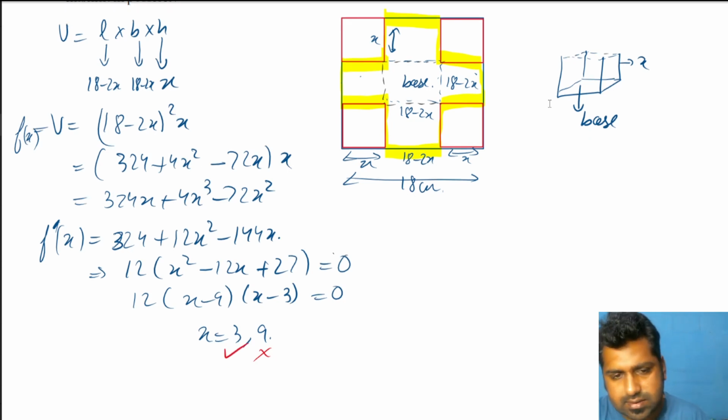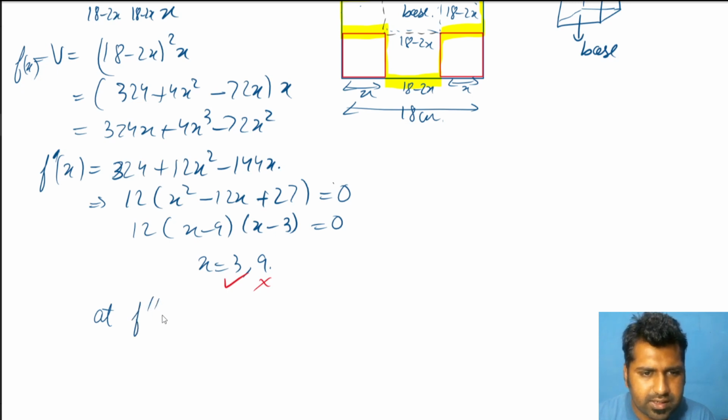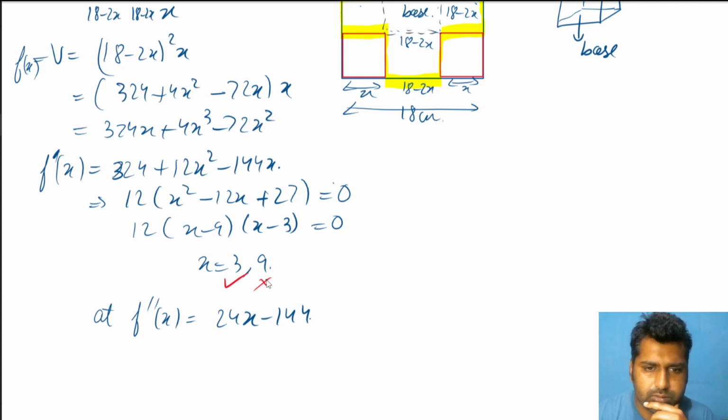But let's justify it. For that we need f double dash x. So differentiate it again. Differentiating, you get 24x minus 144. Though we rejected and accepted the values based on our common sense, at both of these values maxima or minima can occur.